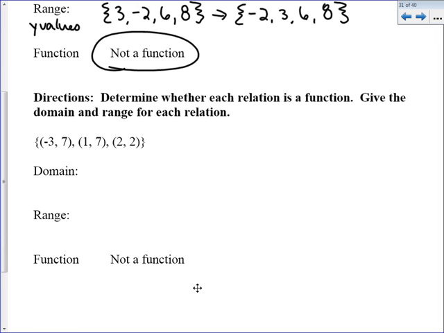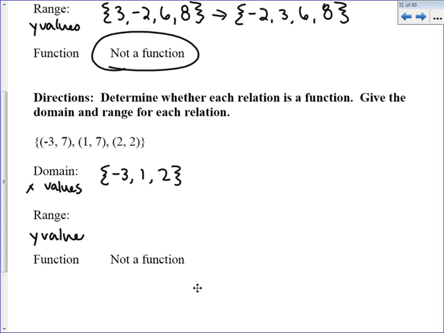So last, determine whether it's a function, give the domain and range. So domain are all my x values. So I'm going to open up my set. And then I have 3 ordered pairs, and they have 3 different x values. So I'm going to list all of those x values, -3, 1, and 2, and close my set. And then the range is a set of y values.